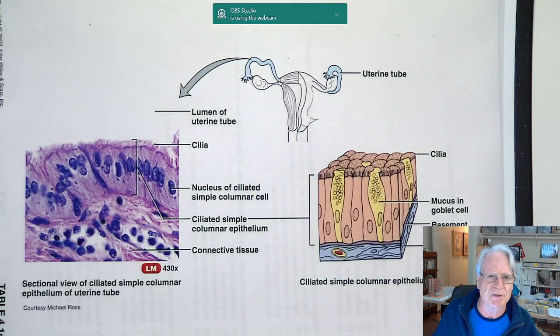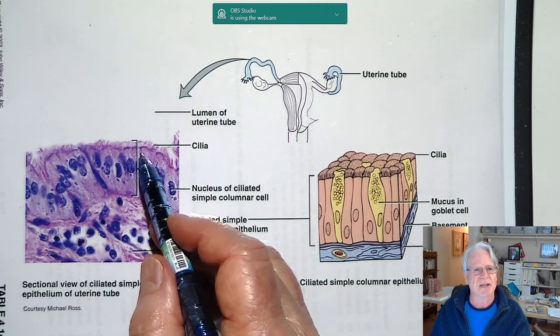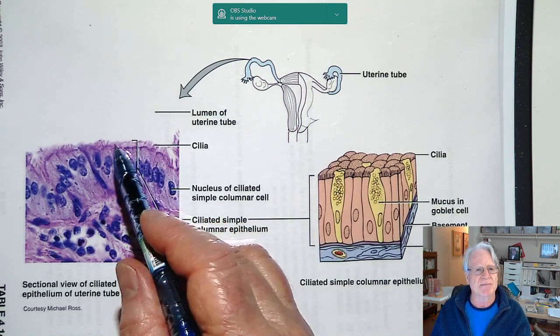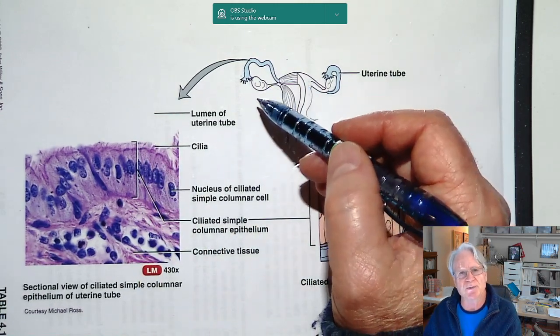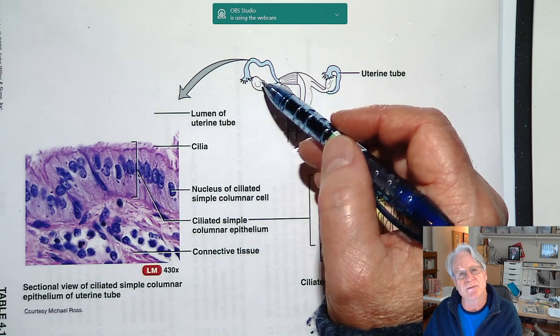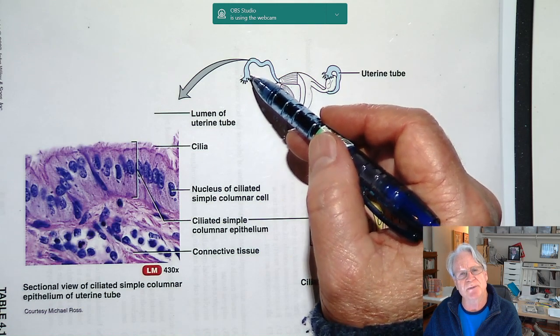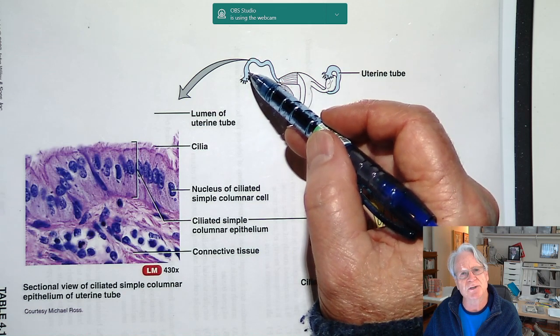So lining the uterine tube is simple columnar epithelial cells with the cilia, and the beating of these cilia produces a current. So when the egg is released from the ovary, it's caught up in the uterine tube, so it's brought into the uterine tube.